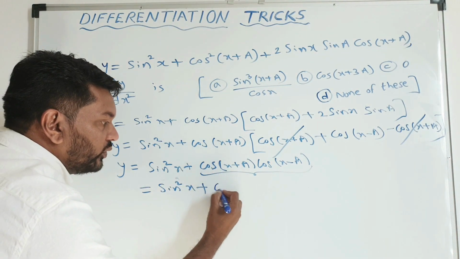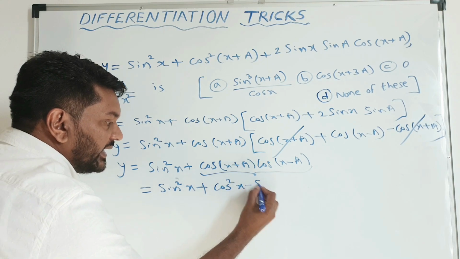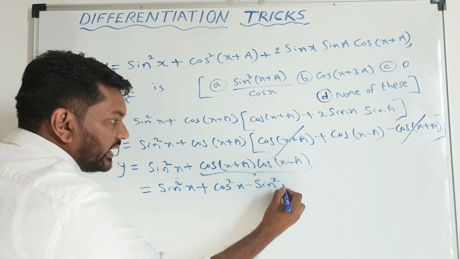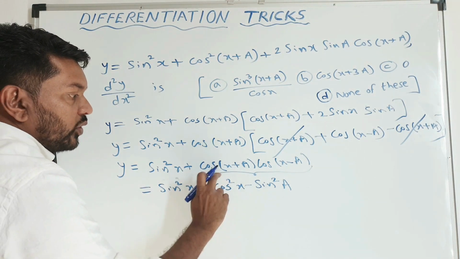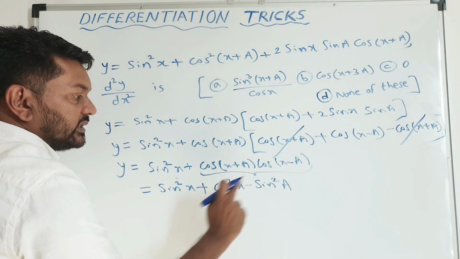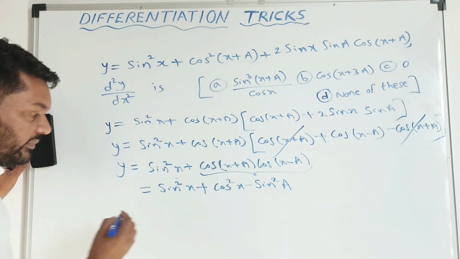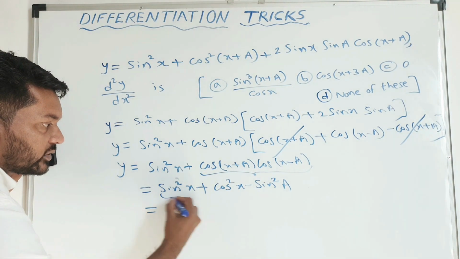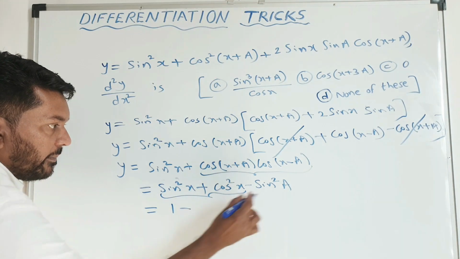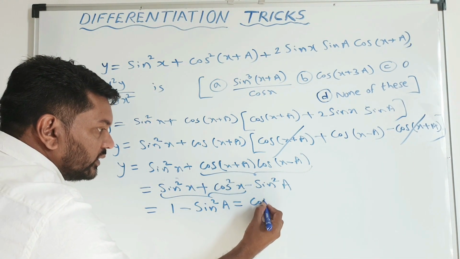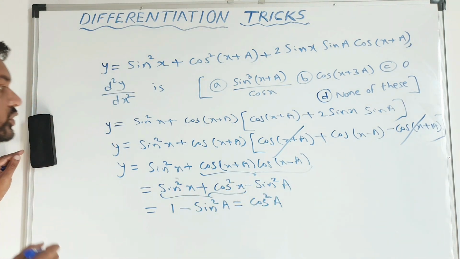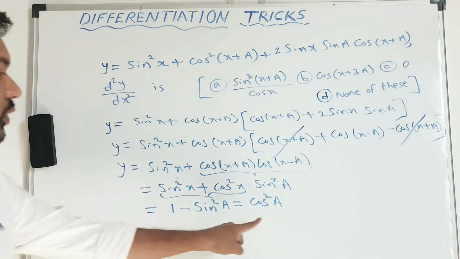So this will give you cos square x minus sin square a. Then sin square x plus cos square x value is 1, minus sin square a. And you know 1 minus sin square a is cos square a. So we simplified y as cos square a.